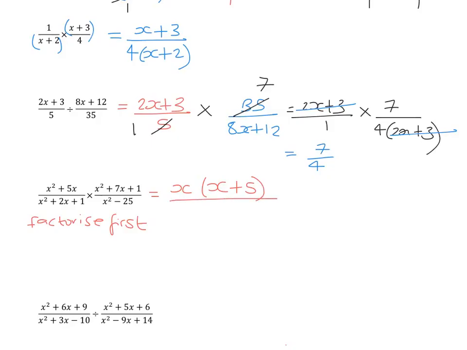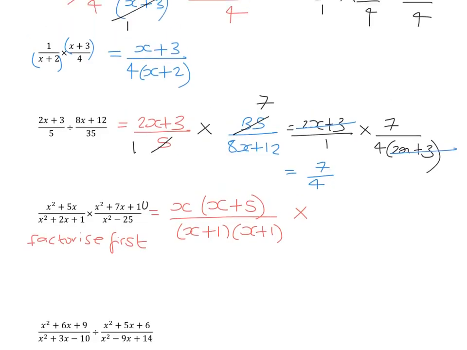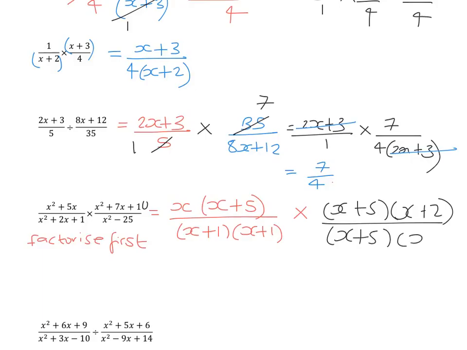X squared plus 2x plus 1 factorises to x plus 1, x plus 1. This is multiplied by x plus 5, x plus 2, all divided by x plus 5, x minus 5. And notice here we have a difference of 2 squares.